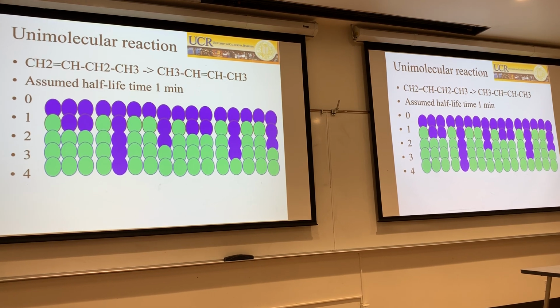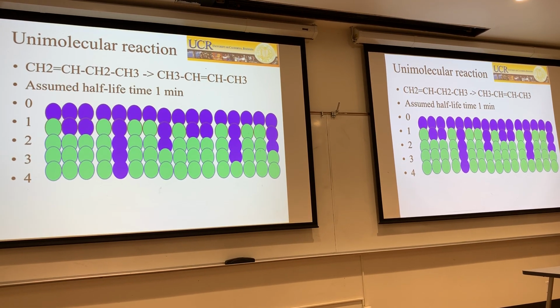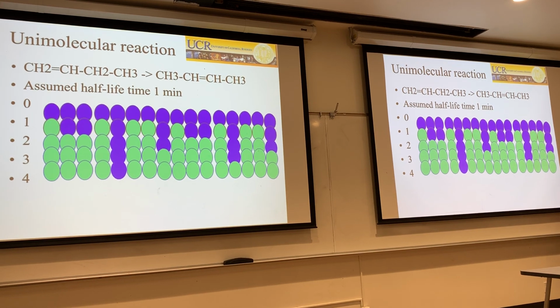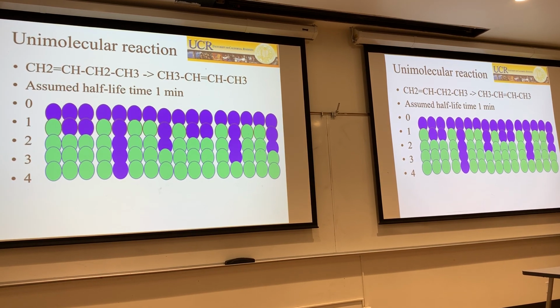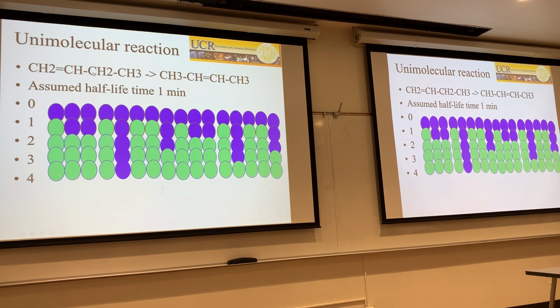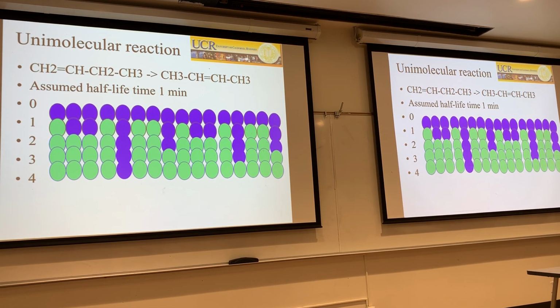What happened over here is just that the hydrogen atom moves with the double bond. So if I have such a reaction over here, it depends only on how much of my reactant I have available, one butene in this case.